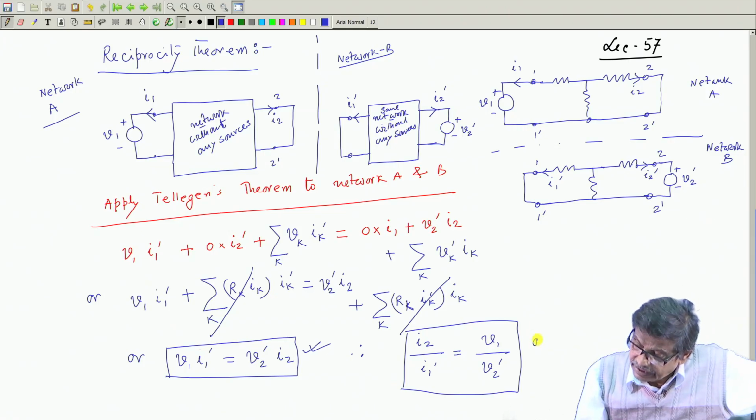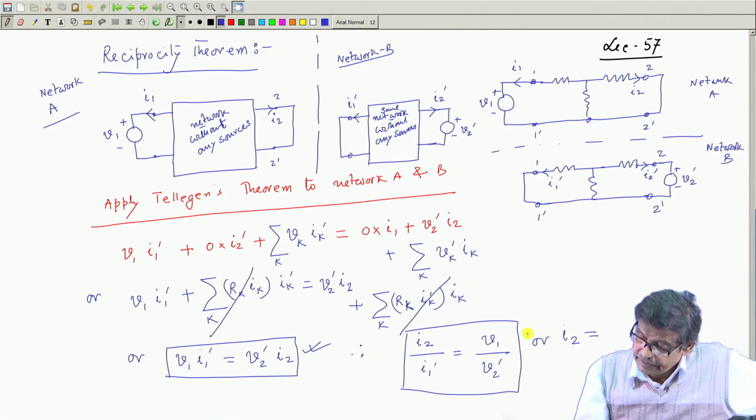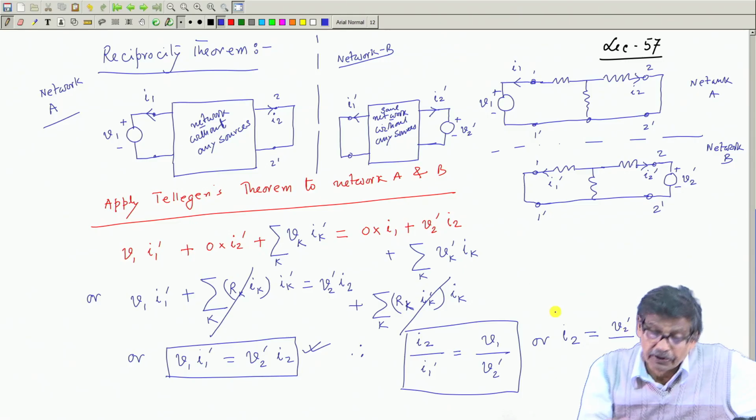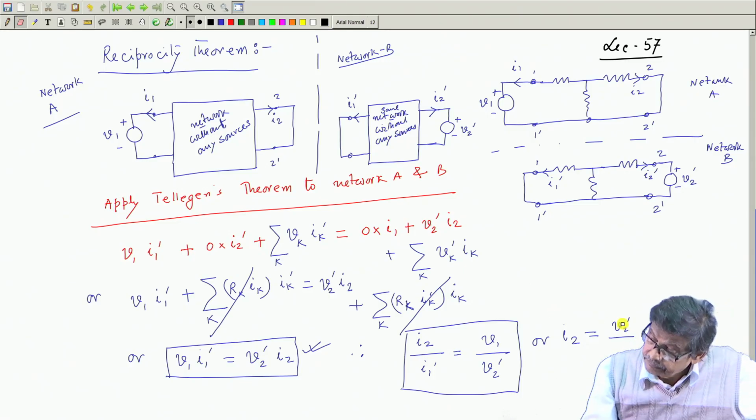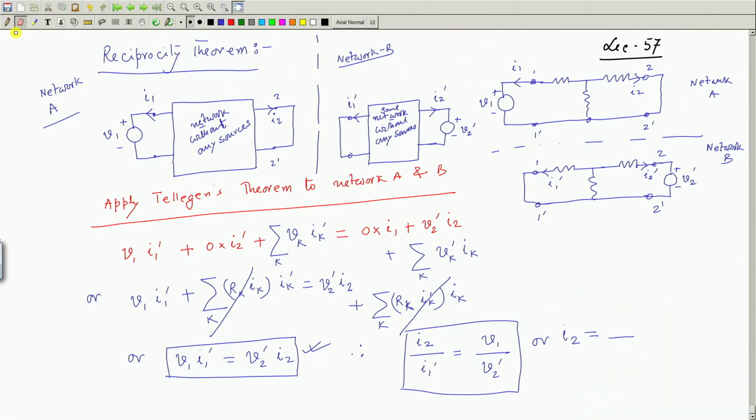Or I can also write that I 2 I want to find out, it will be V 2 dashed by I 2 is equal to V 1 by V 2 dashed into I 1 dashed.